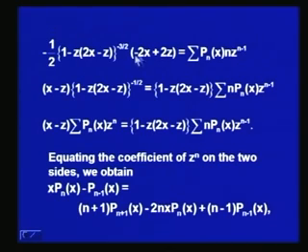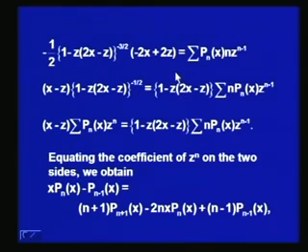After simplification, this equation becomes (x minus z) into (1 minus z(2x minus z)) to the power minus half equal to (1 minus z(2x minus z)) into sigma n Pn(x) z to the power n minus 1.